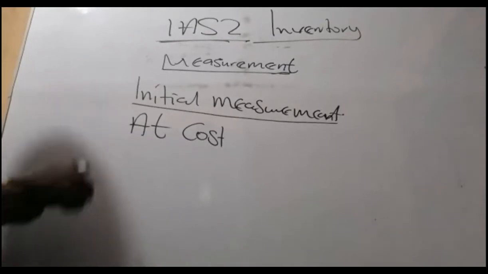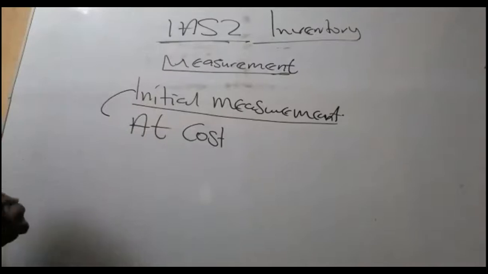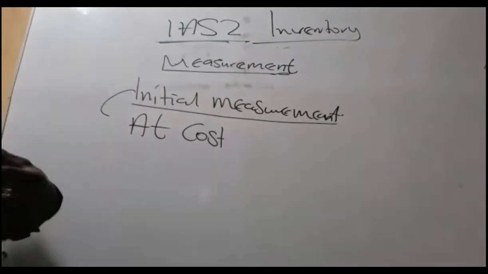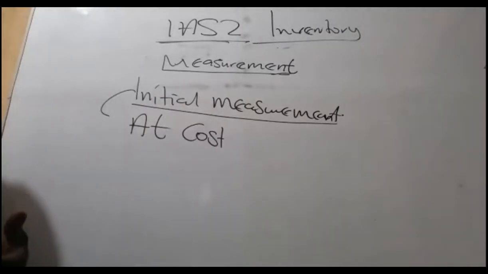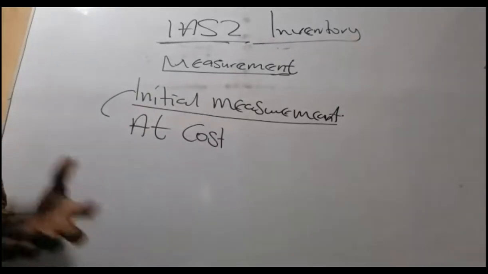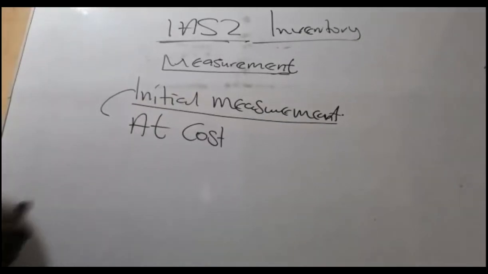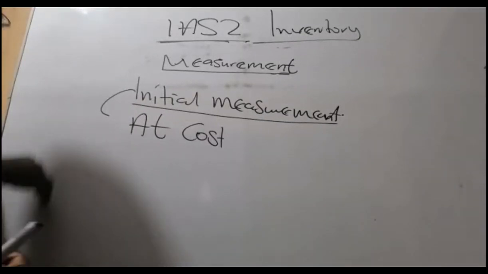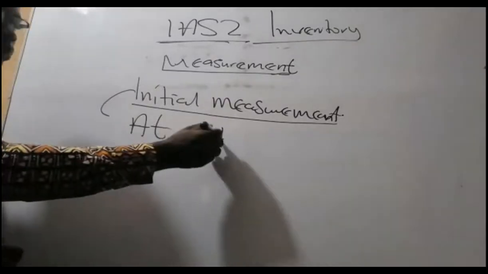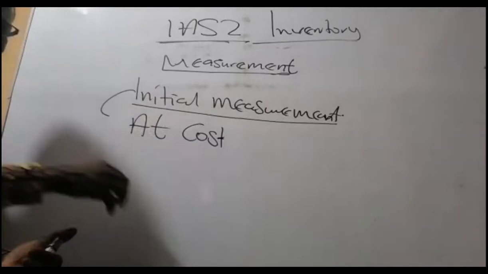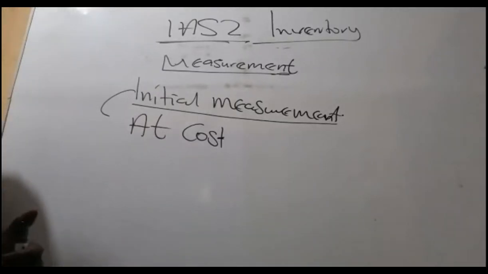What's the meaning of initial measurement? If you buy or acquire inventory today, the first time you acquire it, how do you get a value of it? That's the initial measurement. So initially, inventory must be measured at cost. What's the cost? We are talking about cash and cash equivalent transferred to acquire the goods.